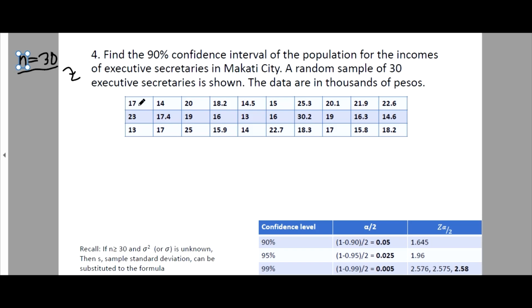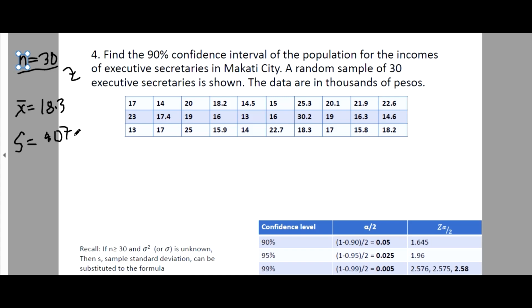Next, of course, if you want to check, our sample mean rather is equal to 18.3. All you need to do is you just add these numbers and then divide by 30. Next, of course, because these are samples, based on these samples, we can compute for the sample standard deviation, which is equal to 4.07.